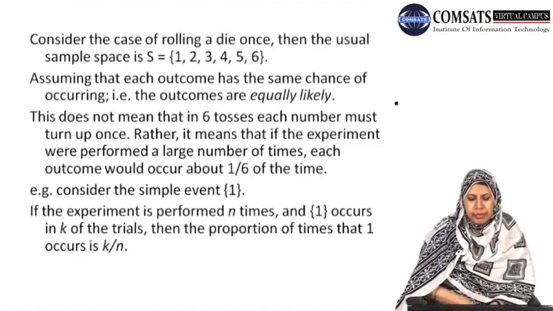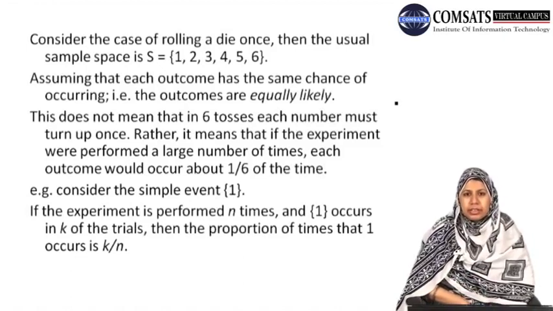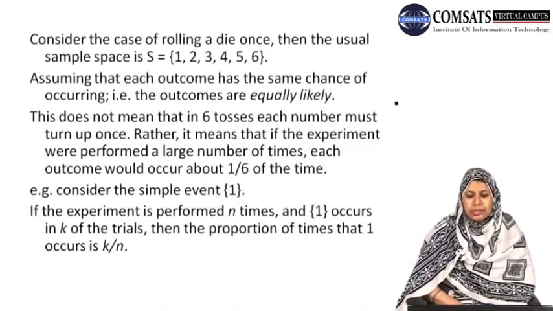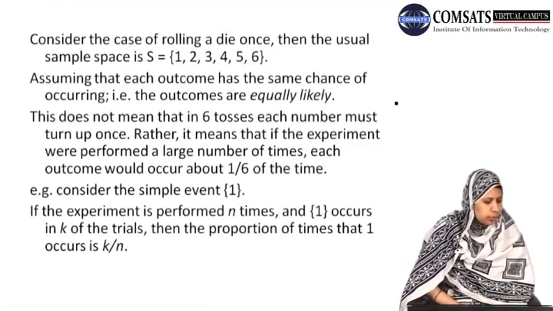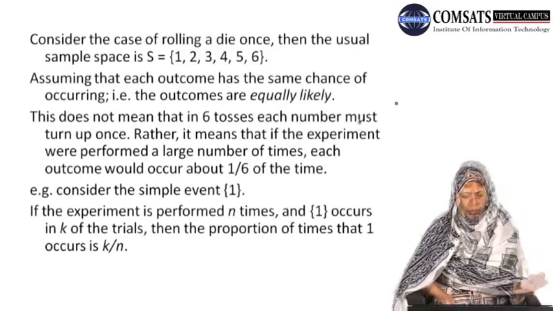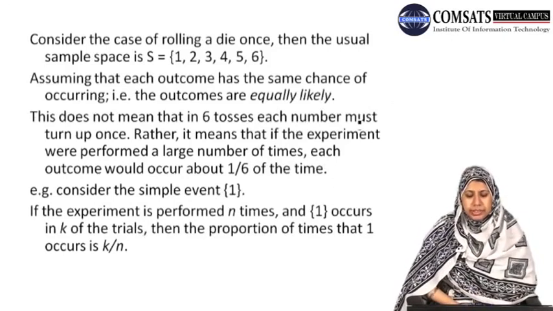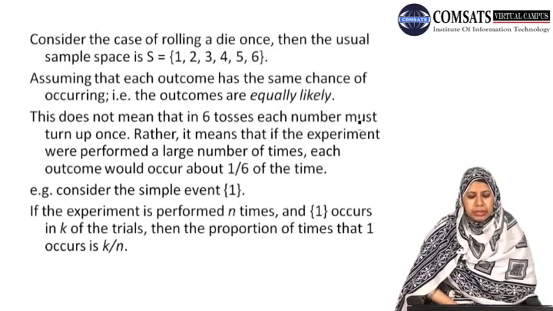Again we assume the same thing which we have considered in the case of flipping a coin, that each outcome has the same chance of occurring, which means that the outcomes are equally likely. Either we say that each outcome has the same chance of occurring, or we say that the outcomes are equally likely.